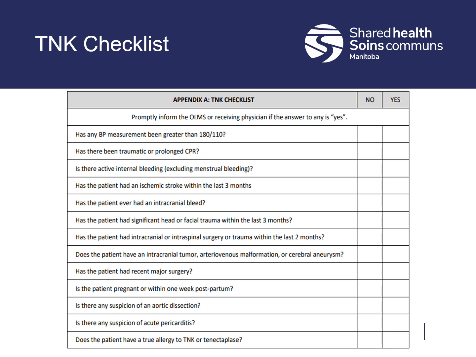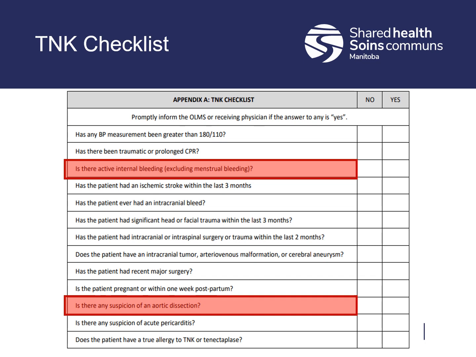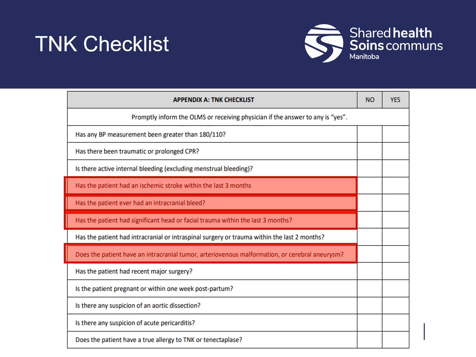First, let's review the hard contraindications. Is there any bleeding that is currently happening, an active internal hemorrhage, suspicion of an aortic dissection? Has the patient had any bleeding previously, or do we have the potential to cause bleeding?